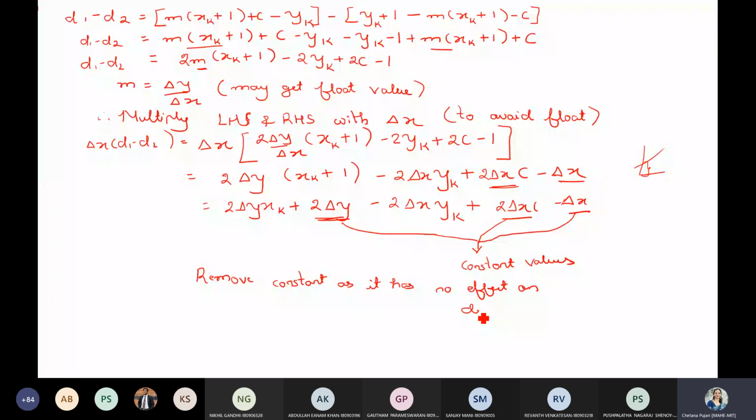So once you remove your constant value, the new equation. Let's represent this difference as a decision parameter pk. What is this decision parameter? It helps us in making the decision, hence we are calling it a decision parameter.